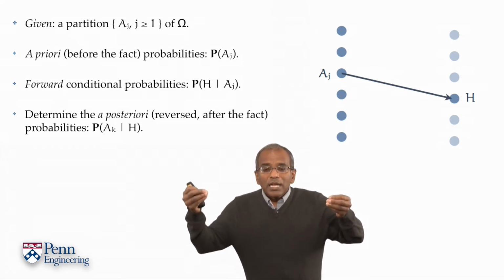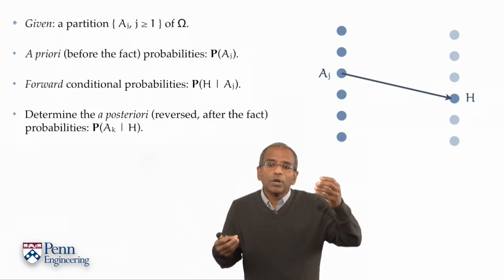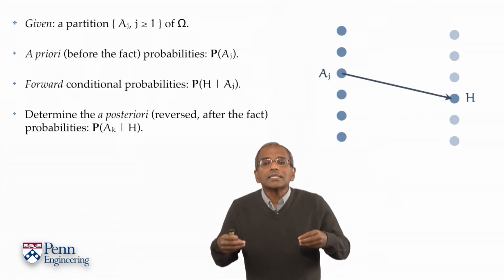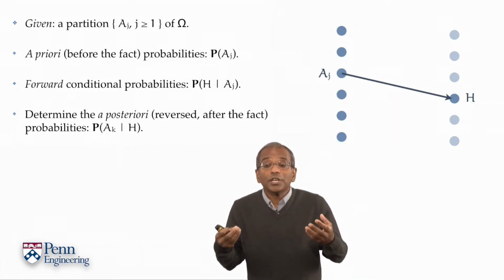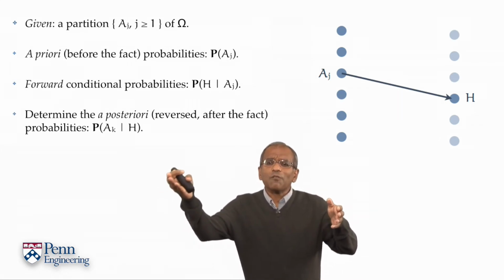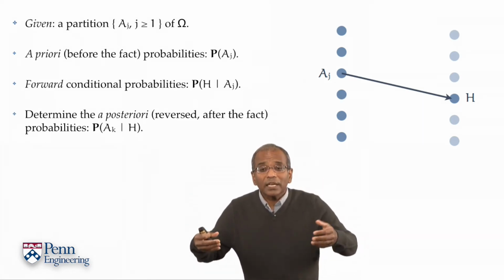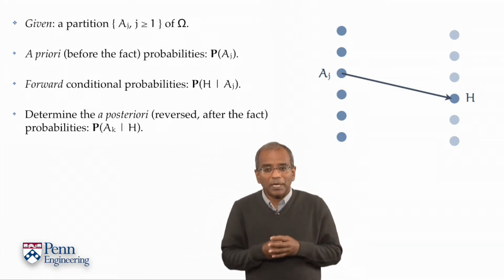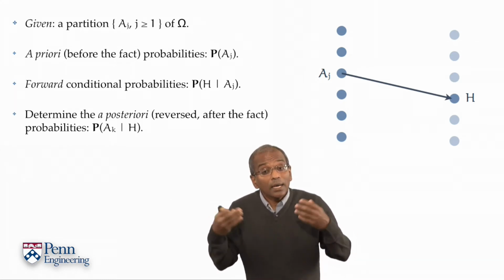And the transition from a transmitted symbol A sub j to a received symbol H has a certain probability, a conditional probability of H given A sub j. We will very naturally, in terms of this diagram, think of this as a forward conditional probability, or if you're thinking of it dynamically, a transition probability. These, we assume, are known to us, are given to us.